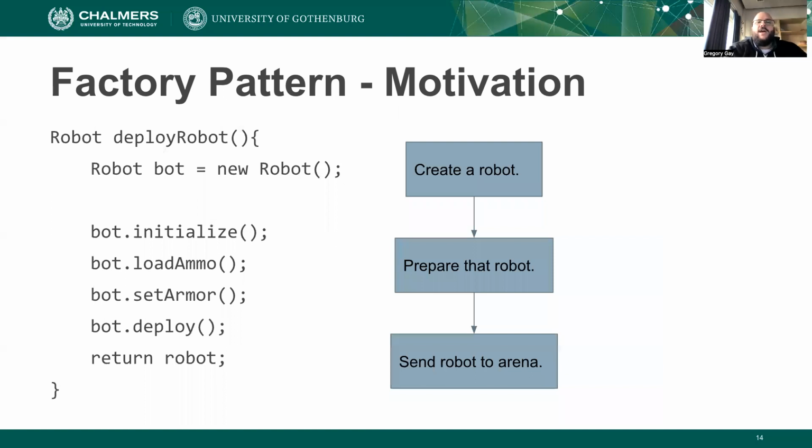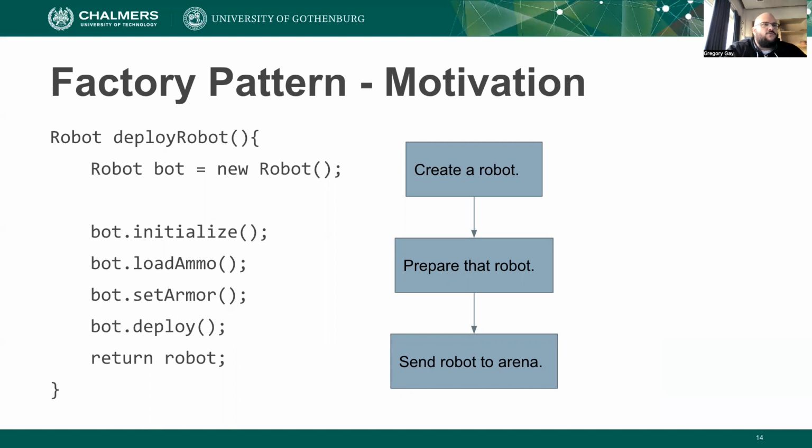Okay, so let's say we've got our robots again, and our robots are part of a robot battle simulator. We can throw many types of robots into an arena and they fight each other. So setting up a fight triggers a sequence of events where we prepare our robot, we set its health, we set its ammunition, our loadout, and then we pop the bot into the arena to fight. Regardless of what robots we're going to have fight, the steps to set up the fight remain the same.